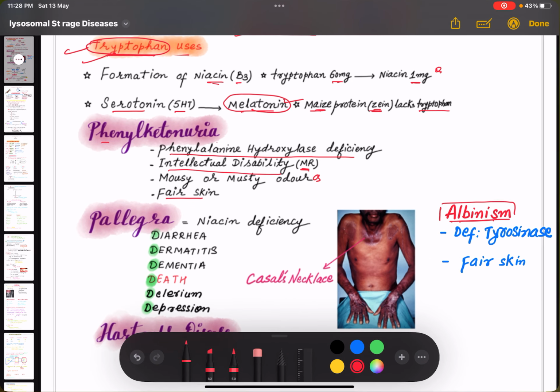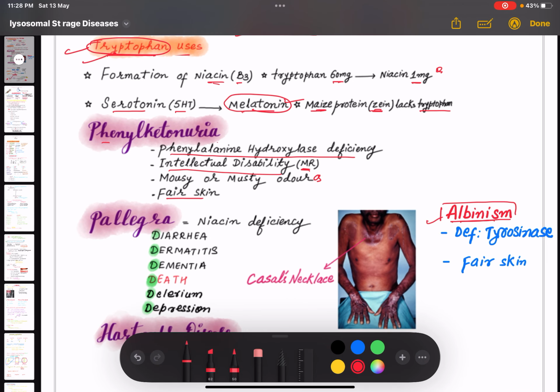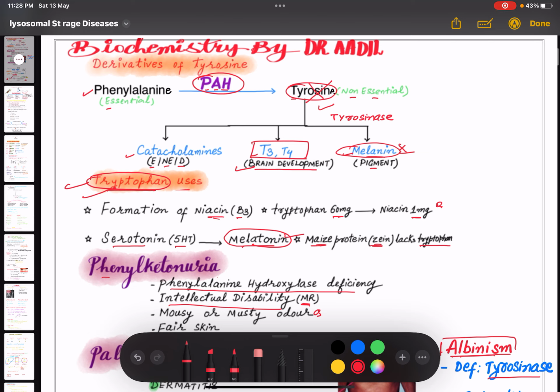There is a condition known as albinism, which is due to deficiency of tyrosinase. As you can see here, this tyrosine, once acted on by the tyrosinase enzyme, gets converted into melanin.